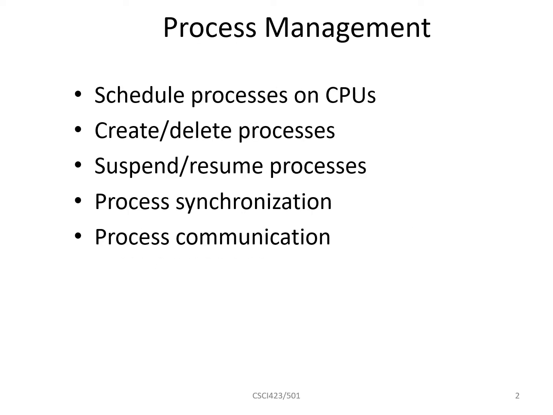Since we have multiple processes running inside the computer system, one major task the operating system needs to do is process management, so that all the processes can be managed properly, run in good condition, make good progress, and eventually finish their tasks. This slide lists some major management tasks an operating system needs to do. For example, to carefully schedule different processes on the CPU.